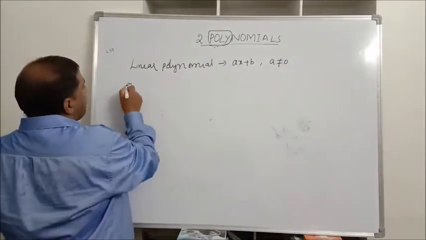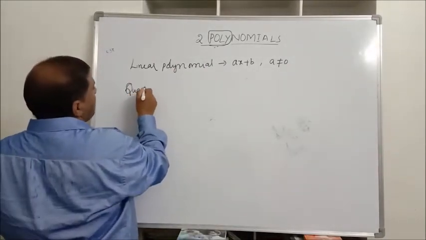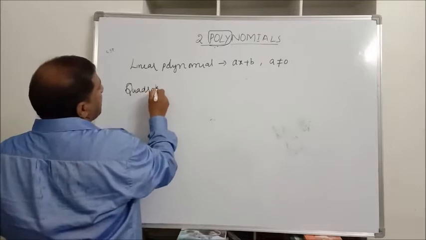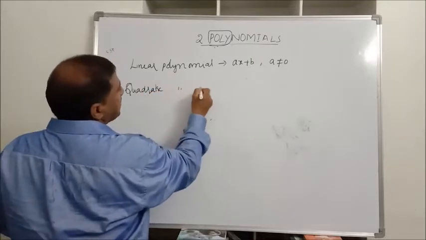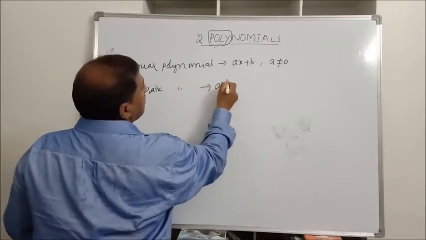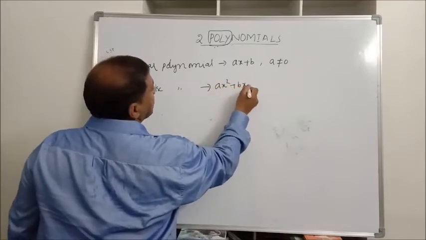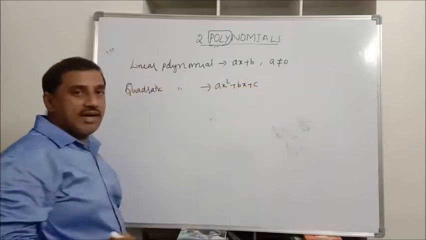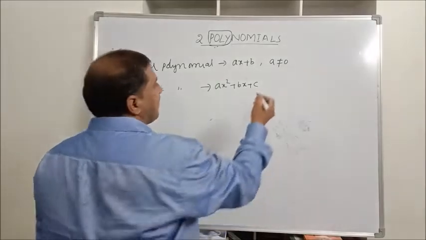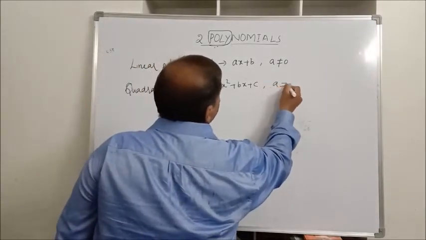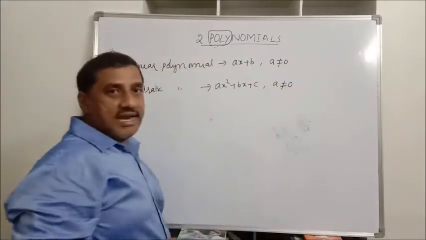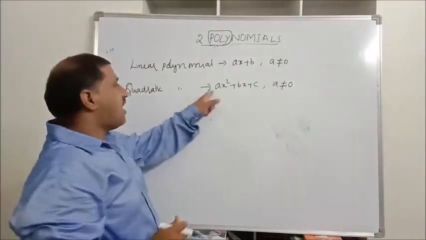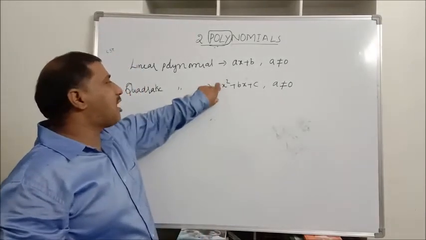Similarly, the standard form of a quadratic polynomial is ax square plus bx plus c, where again a is not equal to 0. If a is equal to 0, this term will become 0.